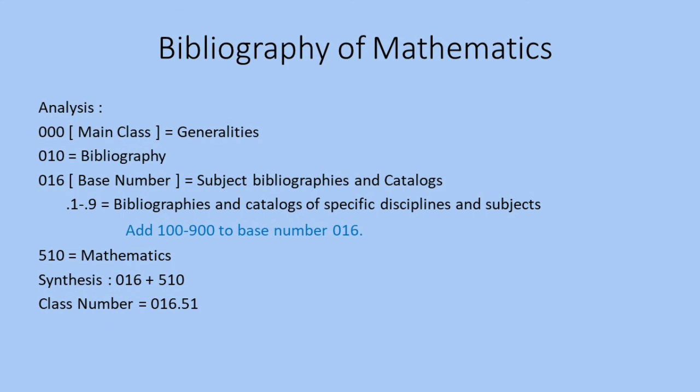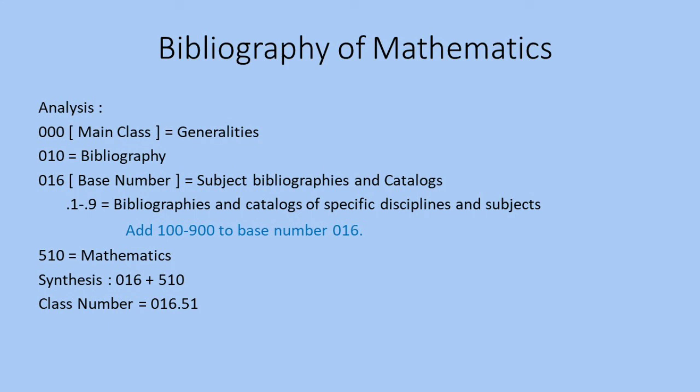Our subject is mathematics, bibliography of mathematics. This is the book of bibliography. Bibliography means the description of books, but which kind of books? The mathematics books. This bibliography is only for mathematics books. So we have to add the number of mathematics, but under the subject bibliography there is no instruction.